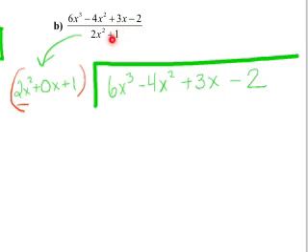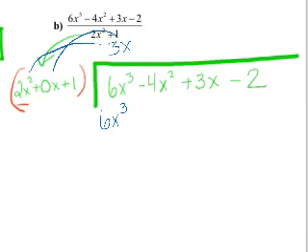So what times 2x squared is 6x cubed? 3x. So 3x is going to go first. So 3x times 2x squared is the 6x cubed we wanted. 3x times 0x. 3 times 0 is 0. x times x is x squared.